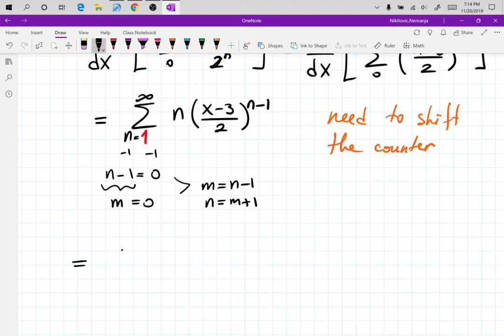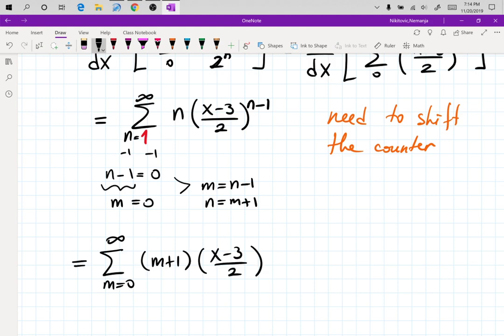So now we have summation, m goes from 0 to infinity. Now we have n. We don't like the n, so it's m plus 1. And then you have x minus 3 over 2. And then your n minus 1 is just m.